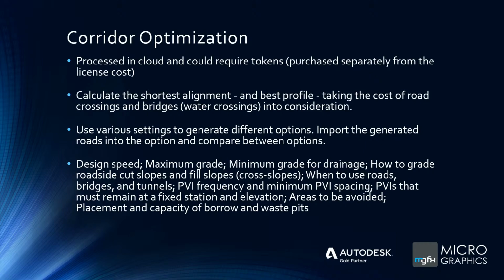What we'd like to do is calculate the shortest alignment and the best profile, taking the cost of the roads, crossings, bridges and water crossings into consideration. We'd like the simulation to take a considered approach in giving us the solution.